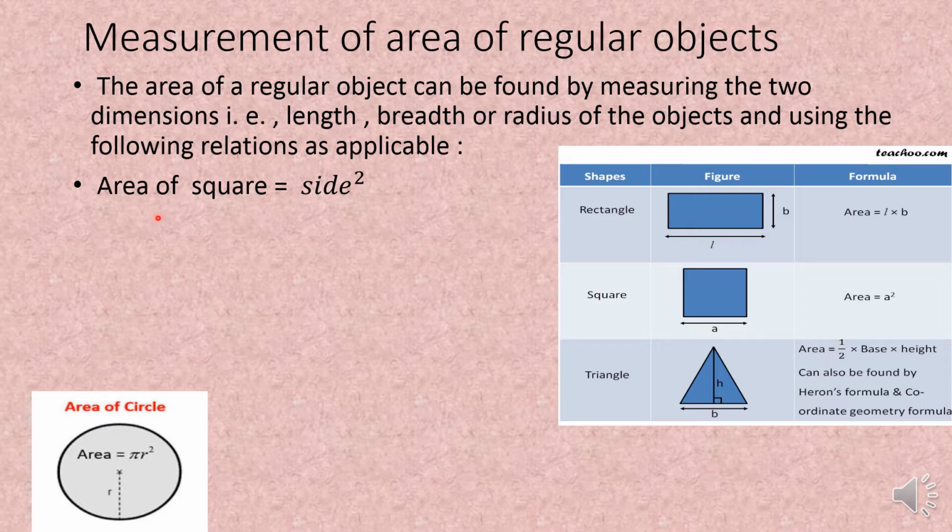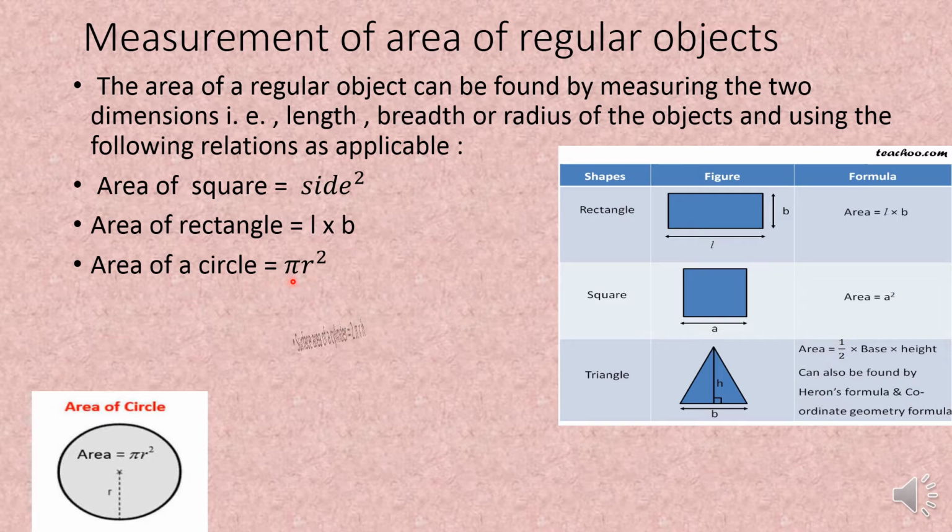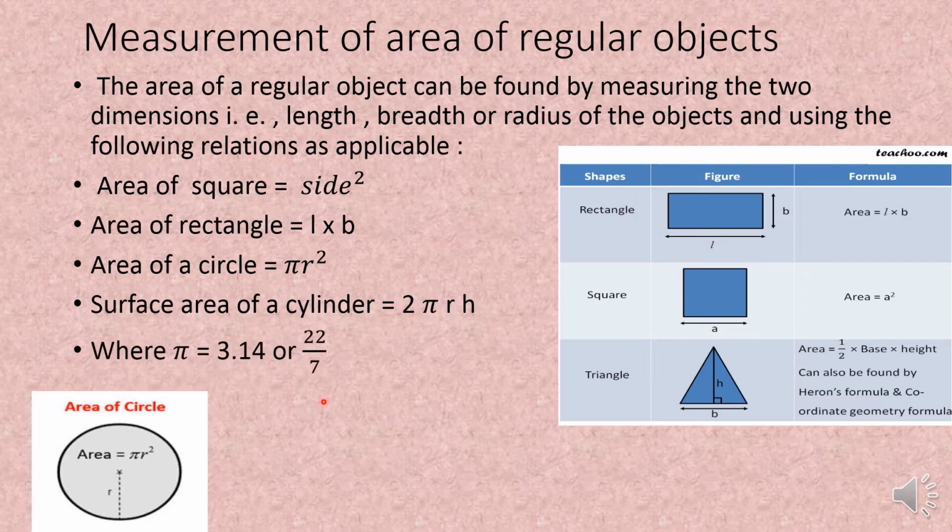What are these relations? Area of a square equals side square, area of a rectangle equals L into B, area of a circle equals pi r square, the symbol is pi, surface area of a cylinder equals 2 pi r h. As we know, the value of pi is already defined.